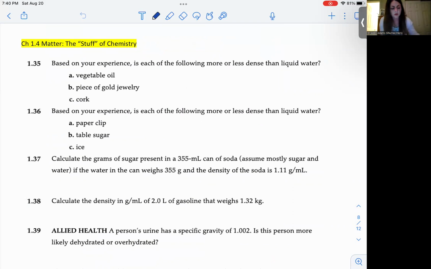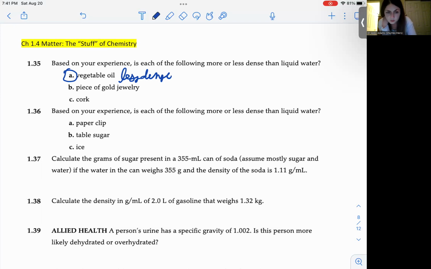Based on your experience, based on what you know and what you've done and what you've seen, is each of the following more or less dense than liquid water? A, vegetable oil. What happens if you pour that oil that you're going to fry something in over water? It's going to float. So that means it is less dense. Remember, like the wood in the water.